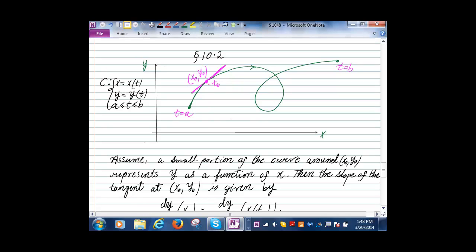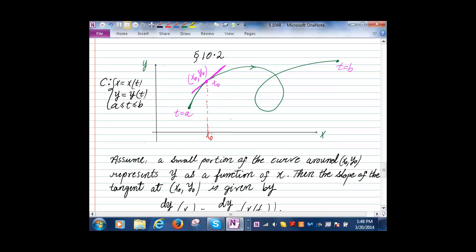And so notice that this is x0 right here, right? So what we are assuming is that a small portion of the curve around x0, y0 will represent y as a function of x.